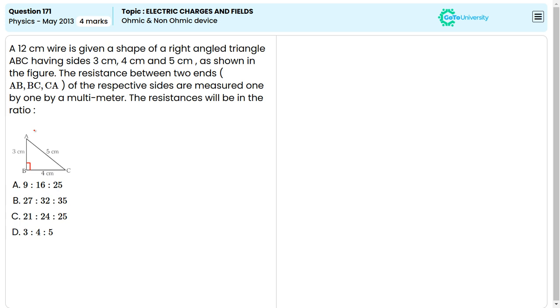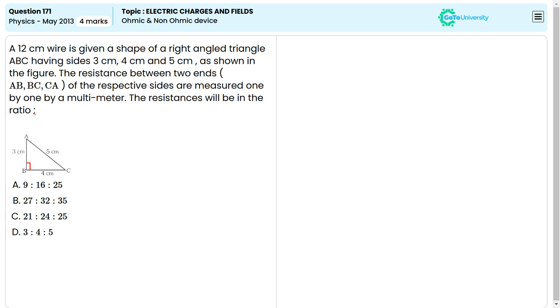Then the wire is bent in the form of a right angle triangle as shown in the figure. Let us assume rho and A be the resistivity and area of the cross section of the wire respectively.